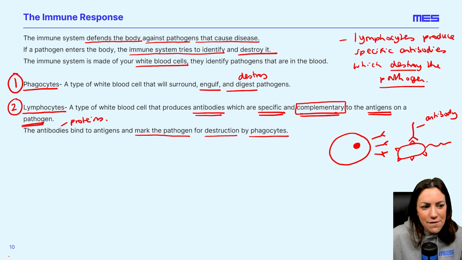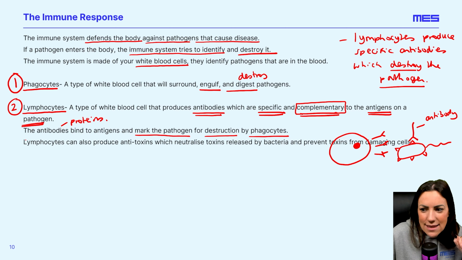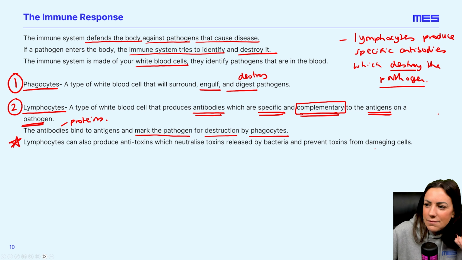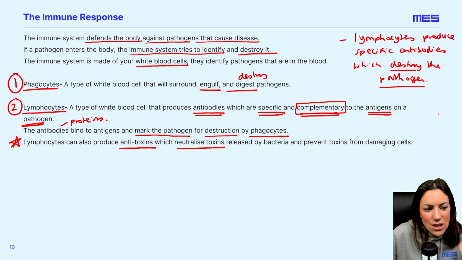We've talked about lymphocytes. They make antibodies that are specific to destroy the pathogen. But lymphocytes can do something else. Lymphocytes can also make antitoxins. And all we need to say about this is antitoxins neutralize toxins.